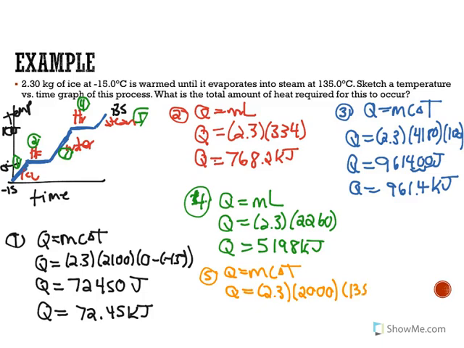So 135 minus 100. So Q, if we work this out, we have 2.3 times 2,000 times 35. I'm just going to divide by 1,000 right now to change into kilojoules because I'm running out of space. 161 kilojoules.